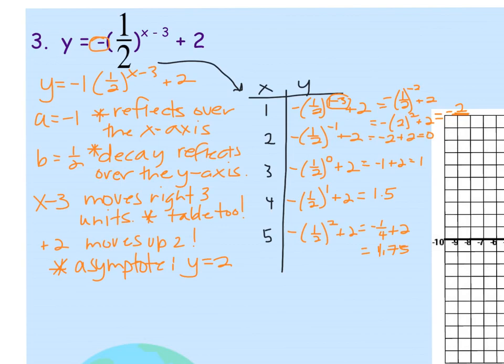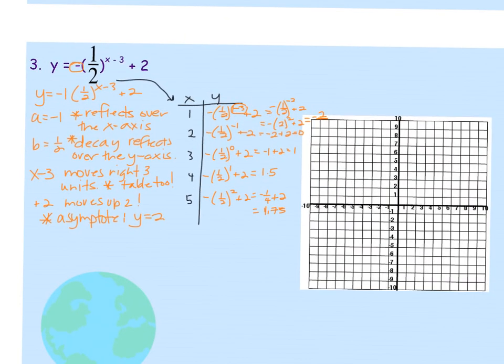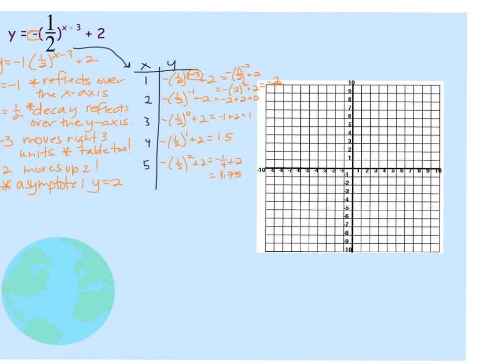I need to zoom out my screen here, so hang on. Here we go. All right. So over here on the right, if we plot these points, we've got 1, negative 2, 2, 0. So notice now we're on the x-axis this time because our asymptote moved up. Oh, the asymptote. Totally forgot. Let's go ahead and plot that y equals 2.